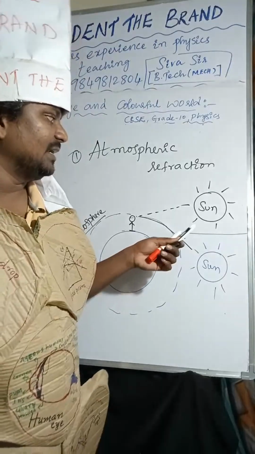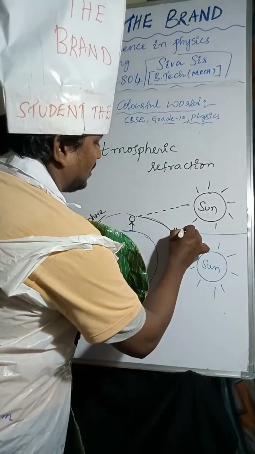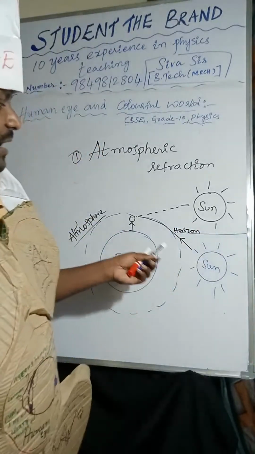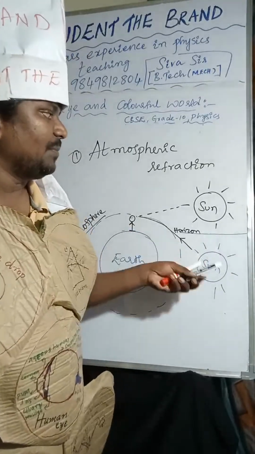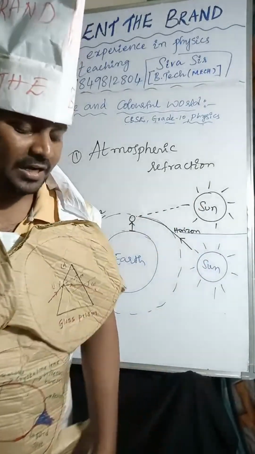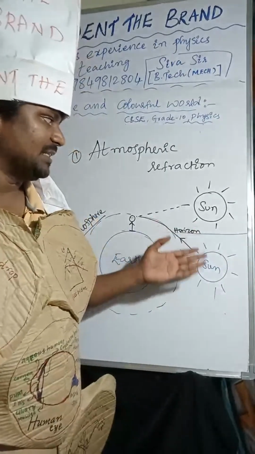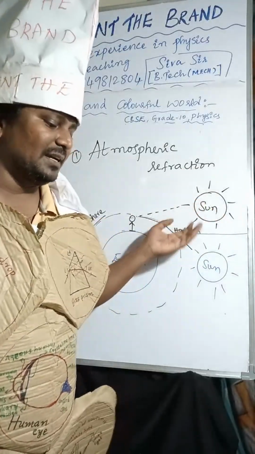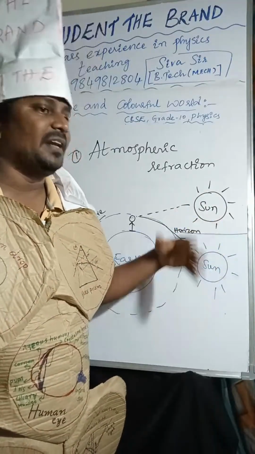This is the origin I'm considering. So because of the atmosphere, refraction takes place, and the sun appears above the origin due to atmospheric refraction. So this is the reason the sun appears 2 minutes early.